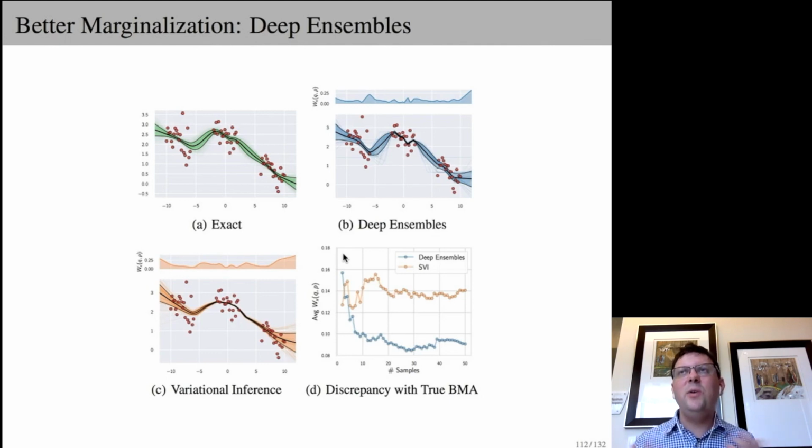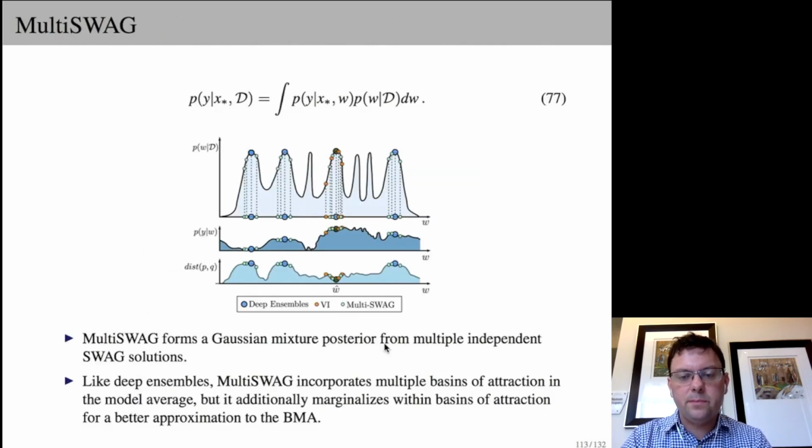So continuing to see samples within a single basin with this variational approach is not really improving our estimate of the Bayesian model average corresponding to this integral that we want to compute. But training more models in the deep ensembles is pretty dramatically decreasing the distance between our approximation and the exact answer.